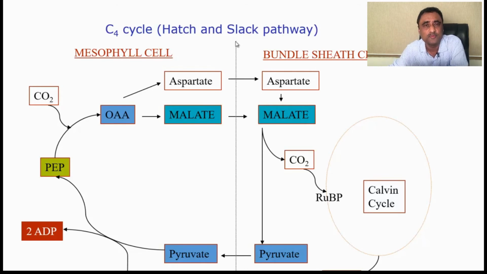Again malate will be decarboxylated, CO2 will be utilized by the Calvin cycle, pyruvate will be formed, and pyruvate will go back to the mesophyll cell, where it will regenerate the PEP, that is the CO2 acceptor. So this is all about the Hatch and Slack cycle, or what we call the C4 cycle.